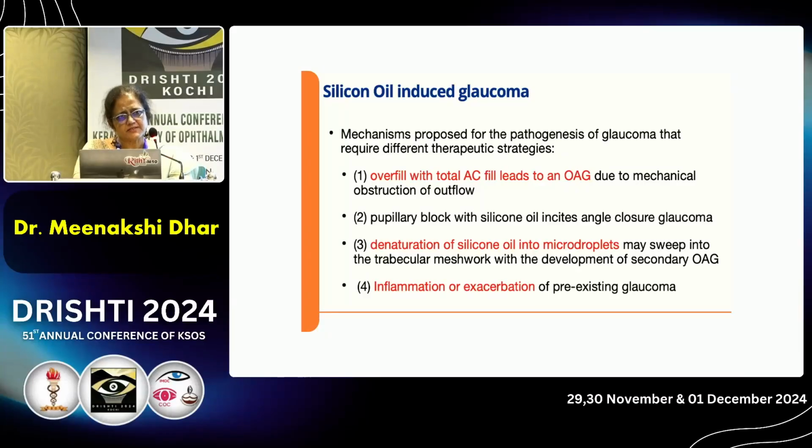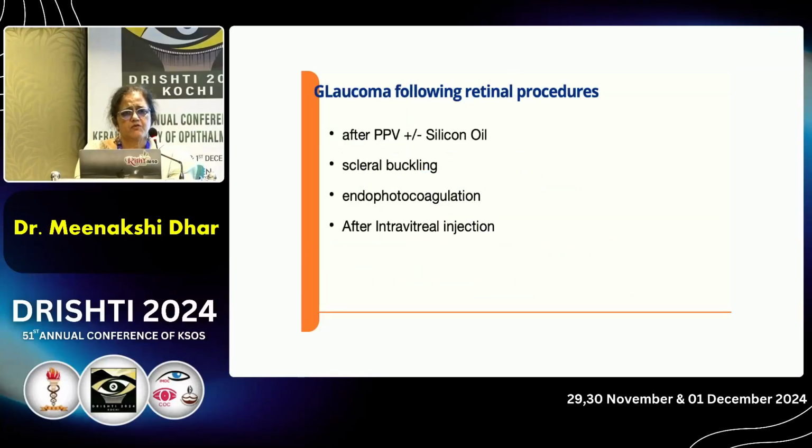And if one does the gonioscopy in most patients who have had a history of silicone oil, even after removal, you may see a few strands of emulsified oil. There can be many reasons that Manoj has already covered beautifully, so I will not go into that. These patients need to be treated either medically, and if not, we may need to give an AC wash, and we may need to operate them depending on the case.